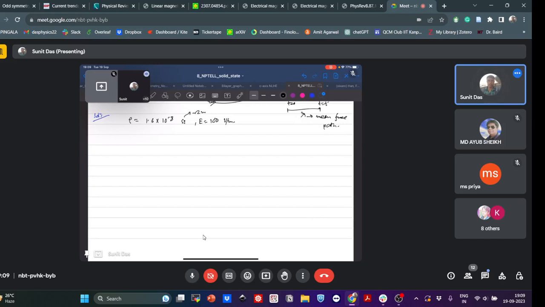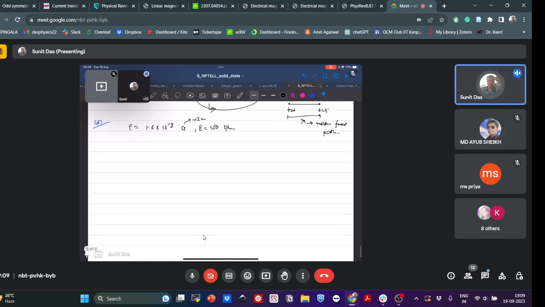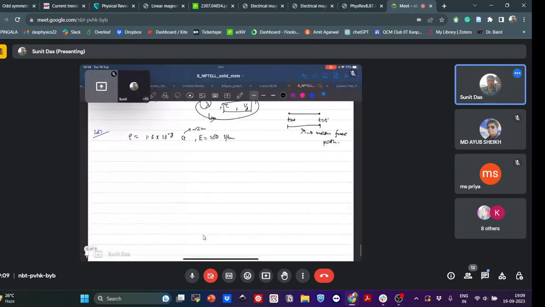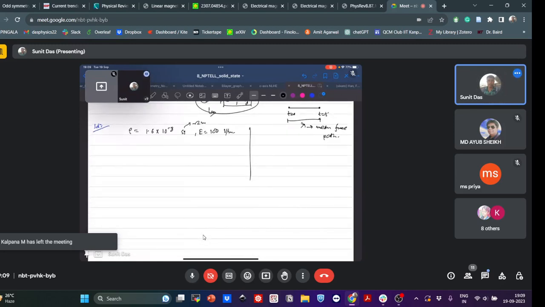We need tau and Vd first, and then we'll determine the mean free path. Let's write down all the equations we have or need.